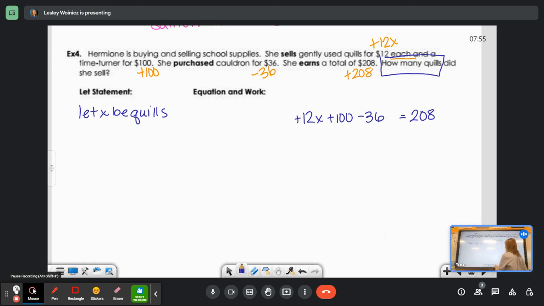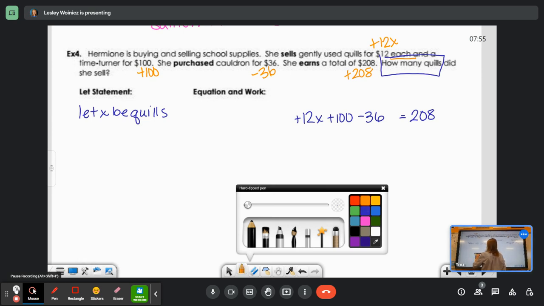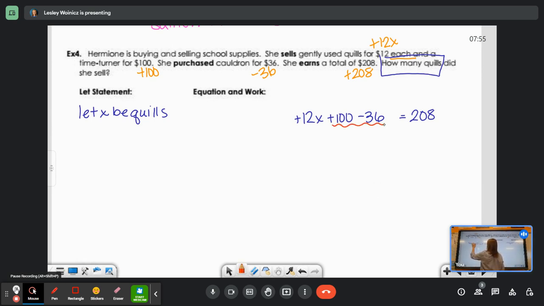So now we have some terms to combine. We've got 100 minus 36. 100 minus 30 is 70. Take away 6 more, 64. So 12x plus 64 equals 208.